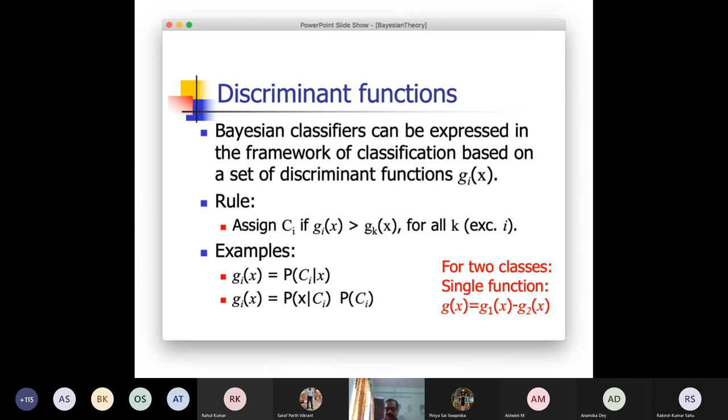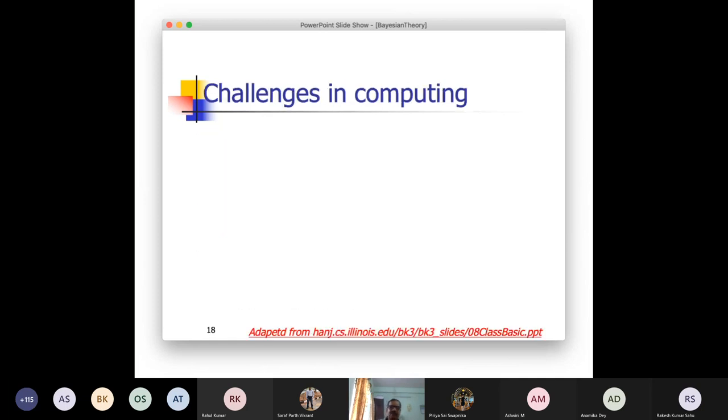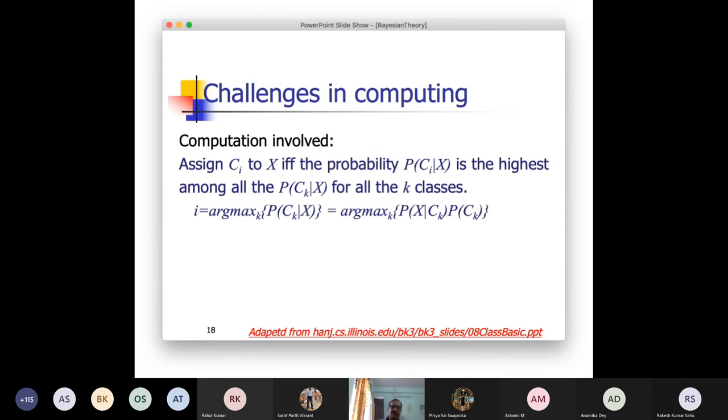If the value is negative, then g_2(x) is greater, which means you assign class C2. And if the value is 0, it's a fuzzy case; you do whatever you like for the sake of completeness. Anyway, this is the discriminant function-based interpretation. We'll discuss the discriminant functions again later on, and when they can be expressed.